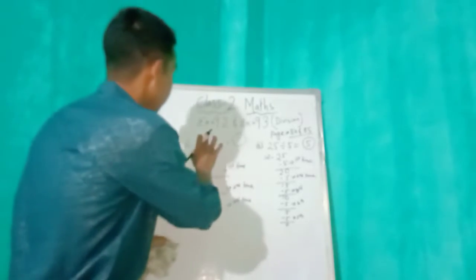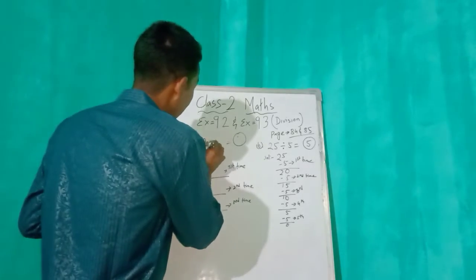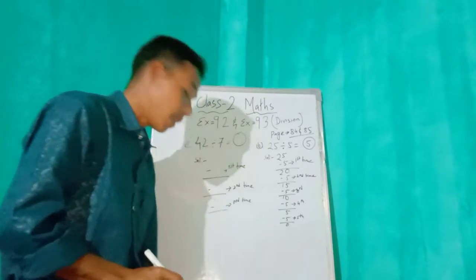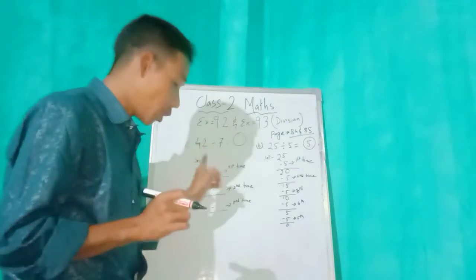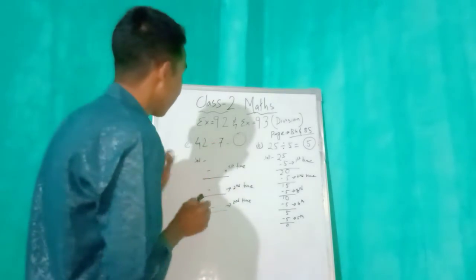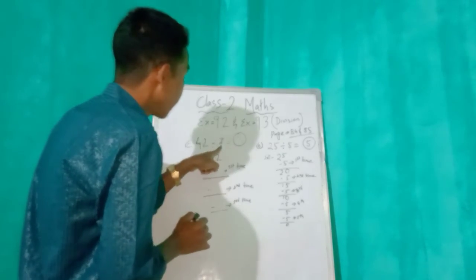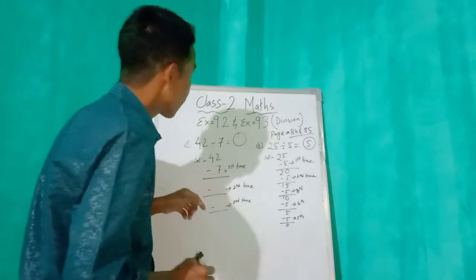Number C, what is the question? Number C: 42 divided by 7. Number C question, 42 divided by 7. So I'm going to write here 42 and this 7 here.